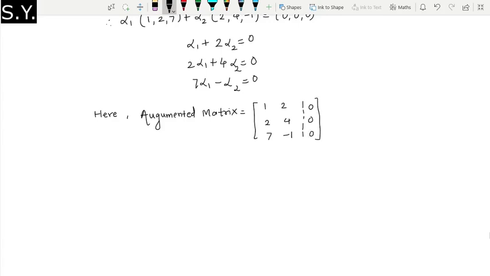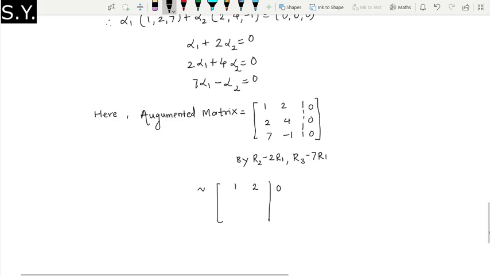So which operation we will perform then? So I'll say by R2 minus twice R1 and R3 minus 7 times R1. So this will be equivalent to 1 2 0. जर तुम्हाला डायरेक्टली ही सिस्टीम सॉल्व करता येत असेल तर तुम्ही करू शकता.